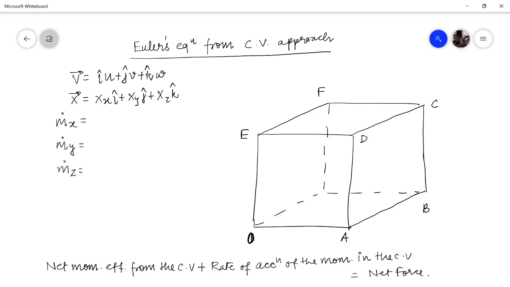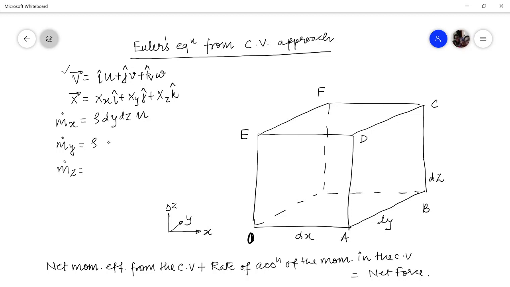Okay, now to start with, if V is the velocity vector having components u, v and w in the x, y and z directions, and X is the body force acting on this control volume having components Xx, Xy and Xz, then the mass flow in the x direction from any x face, the face perpendicular to the x-axis, will be m dot x equals rho times the face area perpendicular to the x-axis, that is dy dz, times the velocity in that direction.